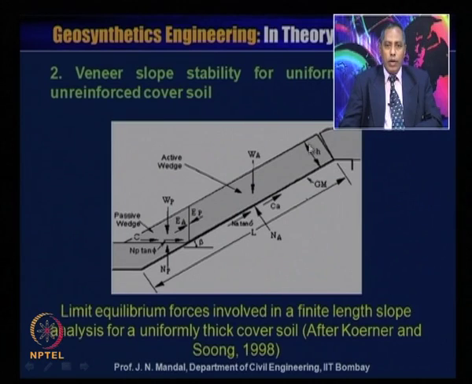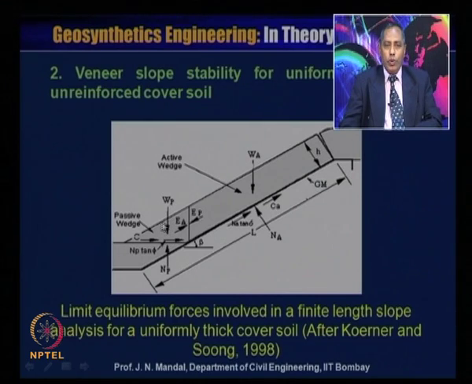So, this is the cover soil whose thickness is H, and W_A is the weight which is active in the active zone. When the cover soil slides down in this direction, there will be a passive wedge.